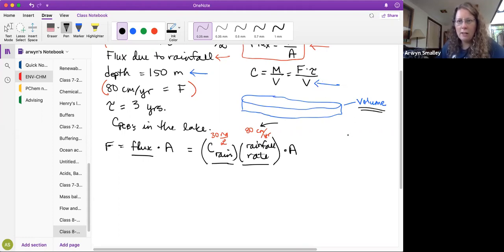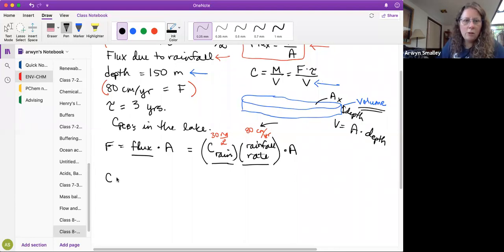So let's go back and think about this volume. This volume we got from the surface area, right? Times the height or the depth. So volume would be equal to area times depth.